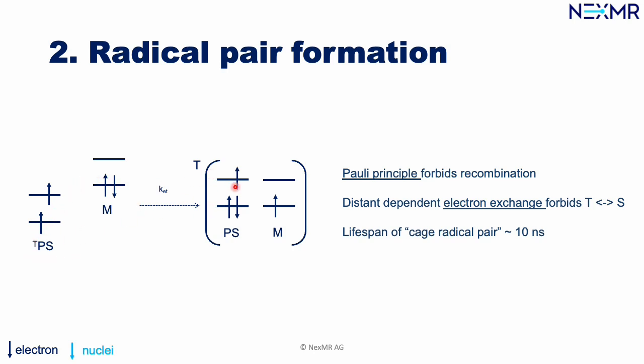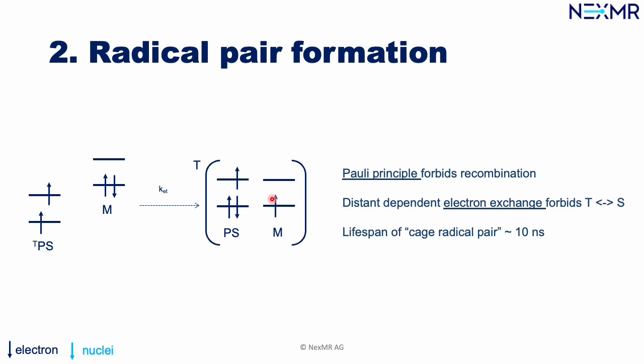And once this electron transfer has taken place, we now have a radical pair, with the photosensitizer that has an additional unpaired electron and the molecule M that has an unpaired electron, lacking one electron. And in principle, due to the energy levels, we would suppose that this electron could transfer very quickly back to the molecule M. But because of spin conservation, we formed this radical pair as a triplet state. So you see this radical pair is a triplet state here, and the Pauli principle forbids this electron from being transferred to the molecule M.